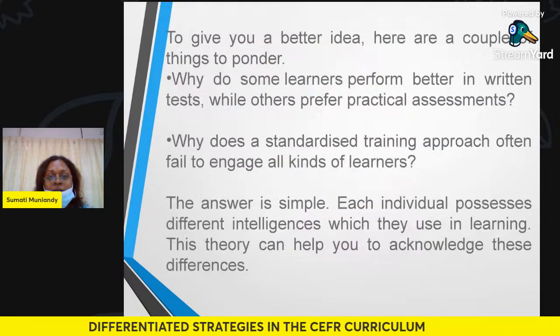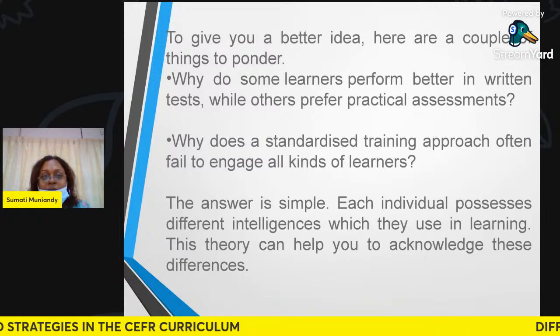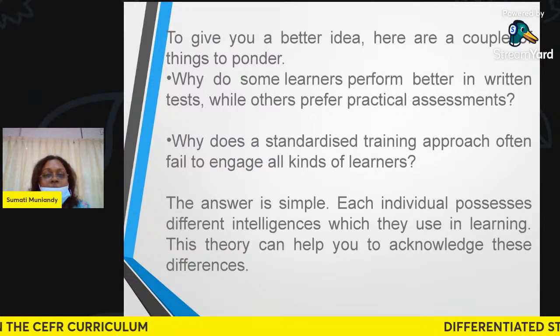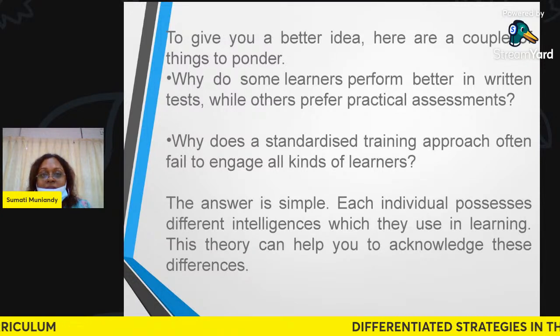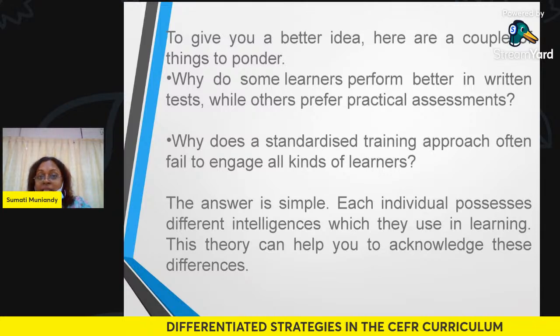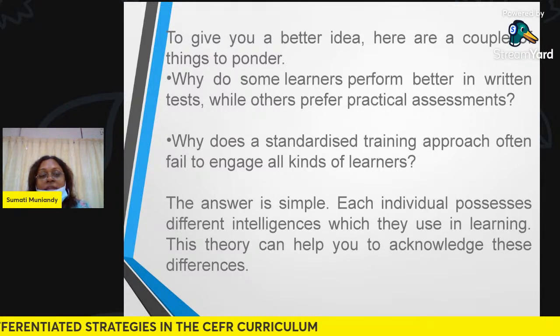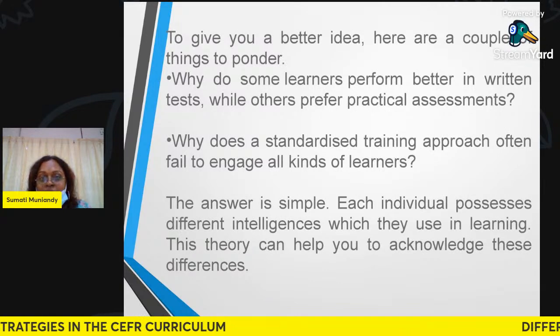To give you a better idea, here are a couple of things to ponder. Why do some learners perform better in written tests, while others prefer practical, hands-on assessments? Because they have different multiple intelligences.